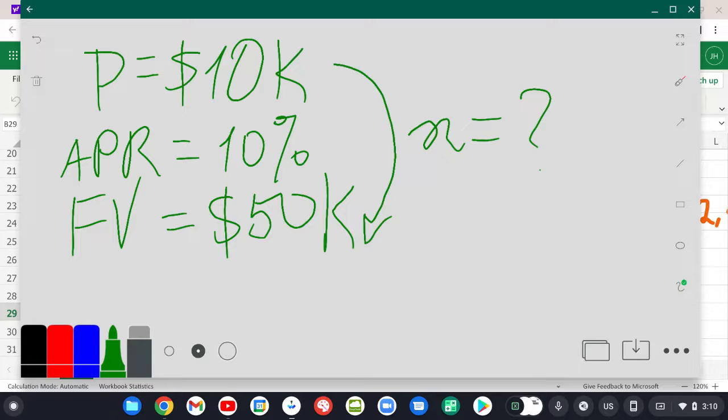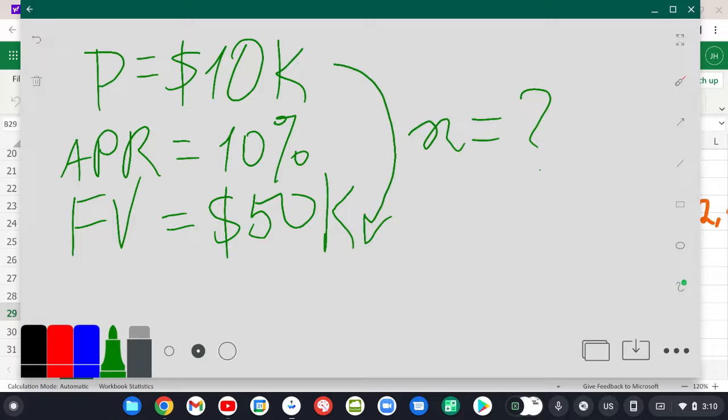10K to 50K, right? Of course, it will take a long time because even if APR is 100%, if you think about it, every year it will double. It will actually more than double because this is compounding.